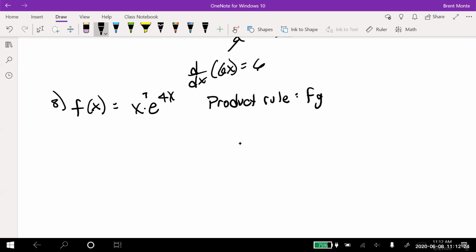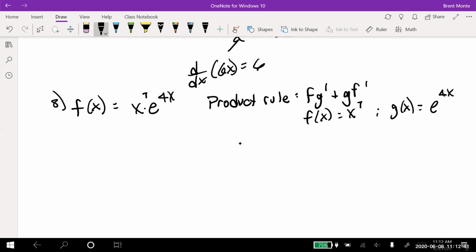And remember, the product rule: first times the derivative of the second plus the second times the derivative of the first. And so in this case, we're thinking about f of x is the x to the 7th, and g of x is equal to e to the 4x.